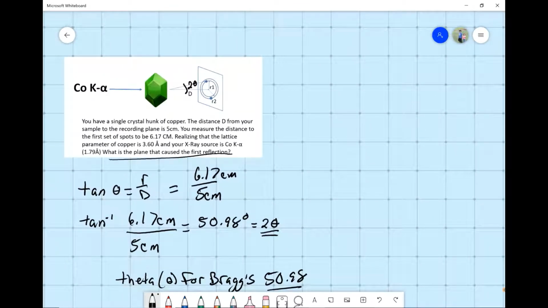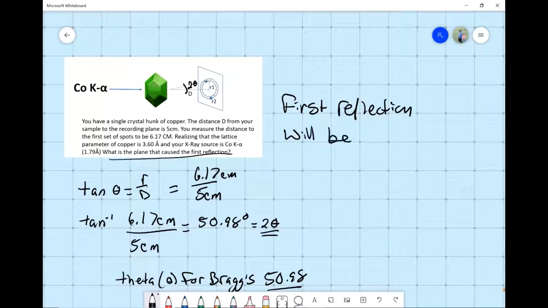This first reflection is going to be a first order, so it's going to be 111, 100, or 110.